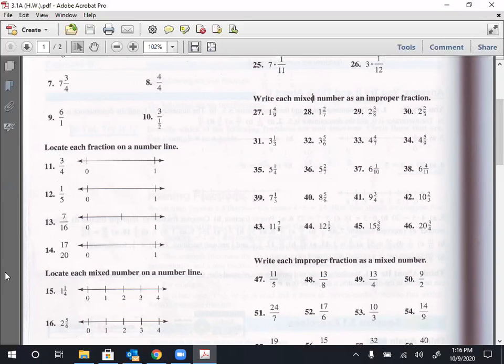Okay, let's count by 5s. 5, then 10. 5 times 3 is 15.